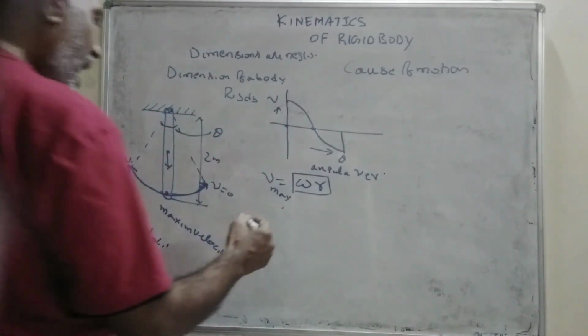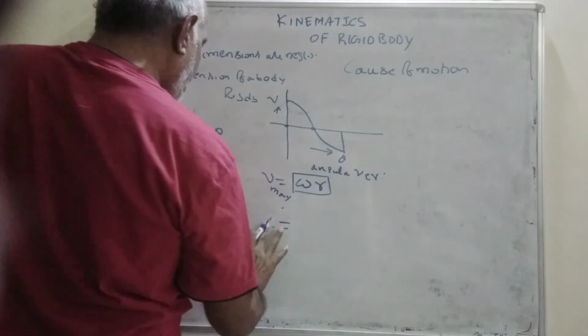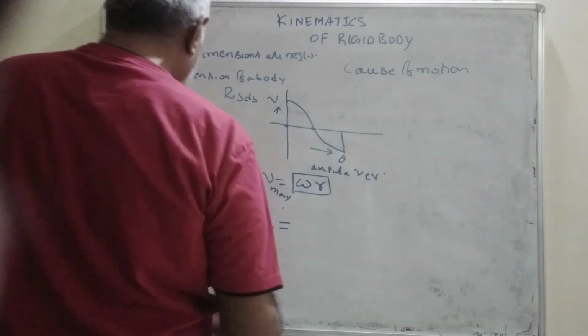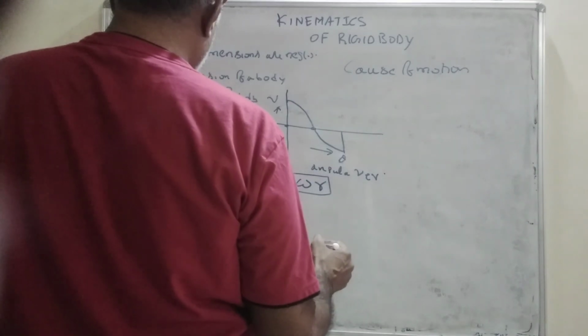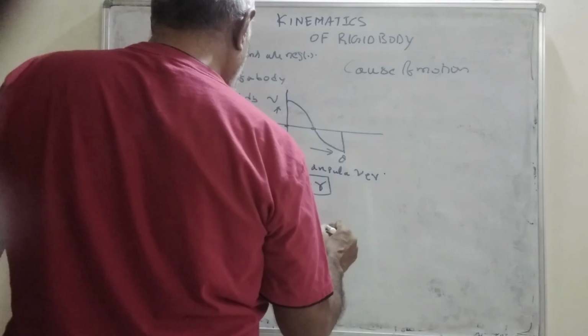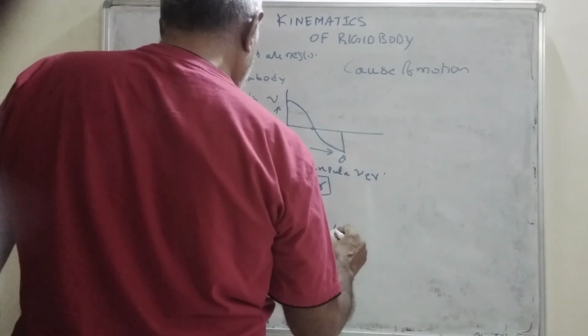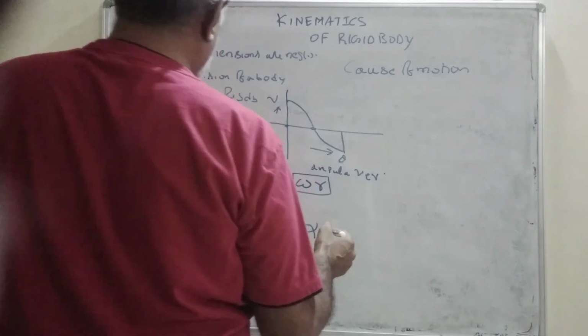Now, what is the angular acceleration? What is the acceleration here? It has two types of acceleration: alpha into r, where alpha is the angular acceleration.